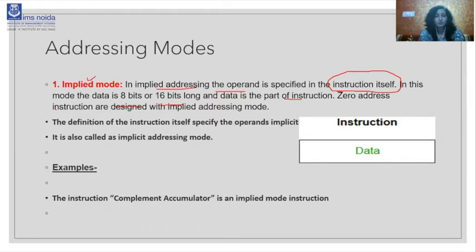So we know what implied mode is: the operand is in the instruction itself. Suppose this is an instruction, right? In this instruction, the operand is specified within the instruction. For example, as you can see here, complement accumulator. Suppose there is an accumulator which consists of some data, it can be 1010 or 1101, anyone.